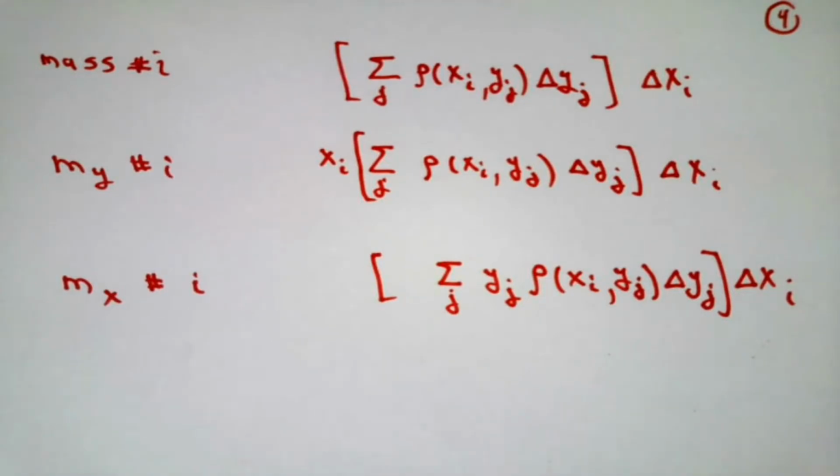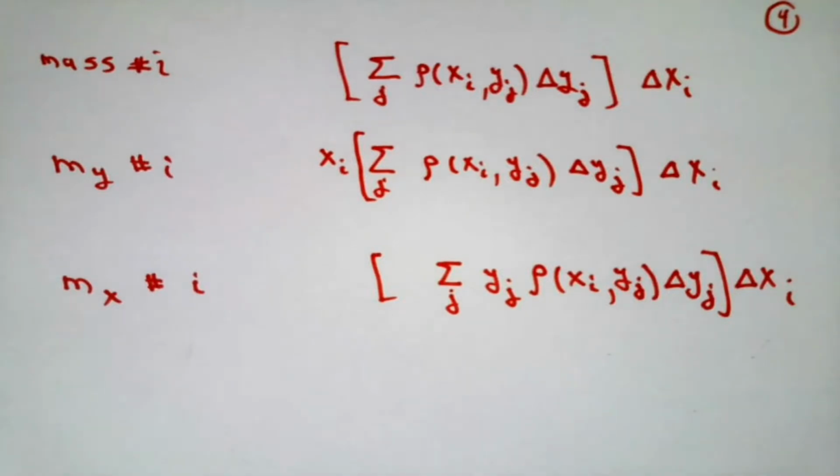You have to look at this the right way. In this context, xi is a constant. Delta xi is a constant. The variable is y. I've got delta yj's.